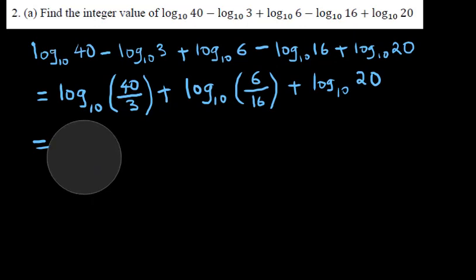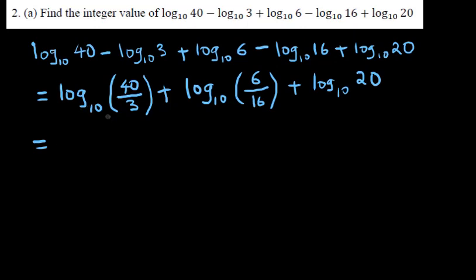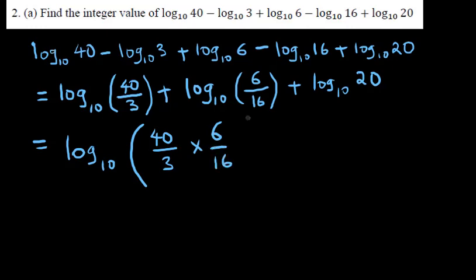So we will have log base 10 of 40 over 3 times 6 over 16, then plus log base 10 of 20. We could have multiplied by 20 as well so that we just resolve, but it's best we move step by step.